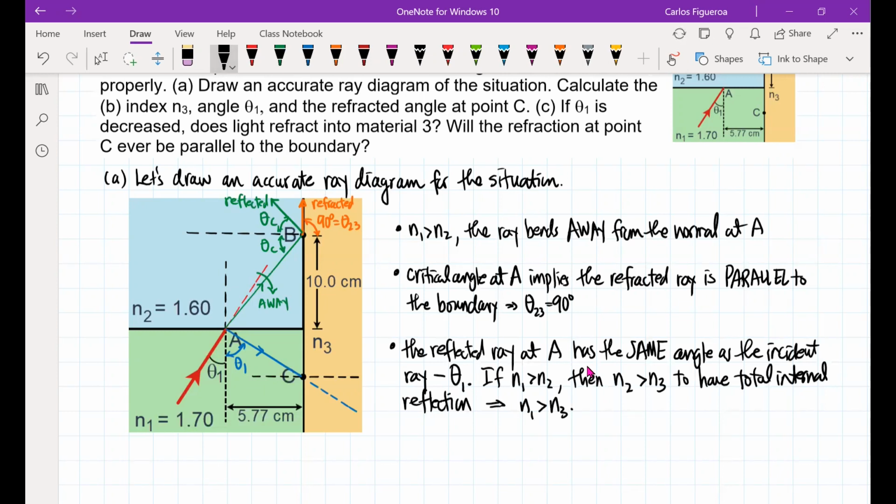So that means this ray is refracted away from the normal. If I pick a different color for the ray, this ray has to be going like this, right? And you can see that this guy is moving in that direction, and it's moving away.